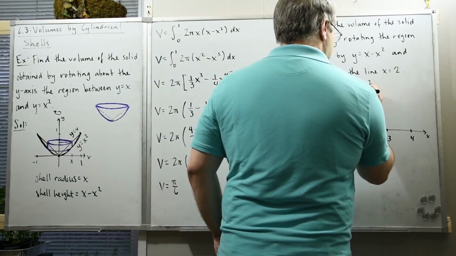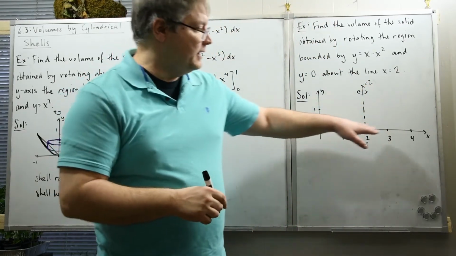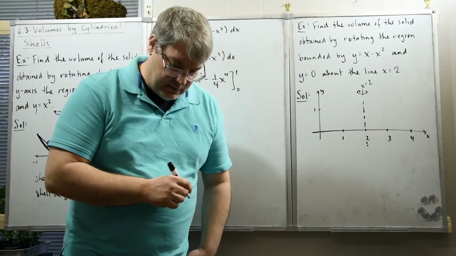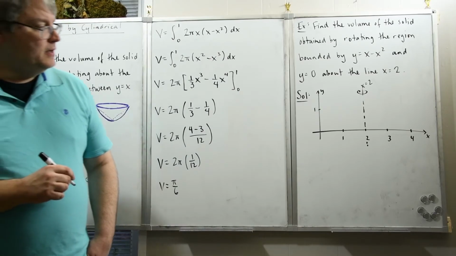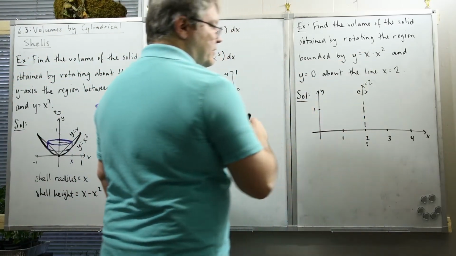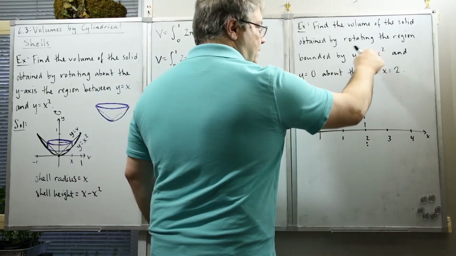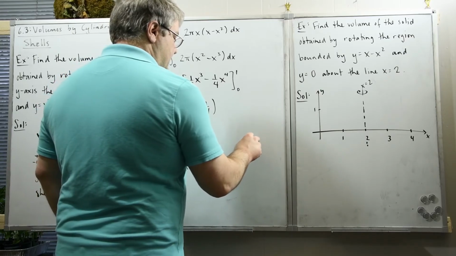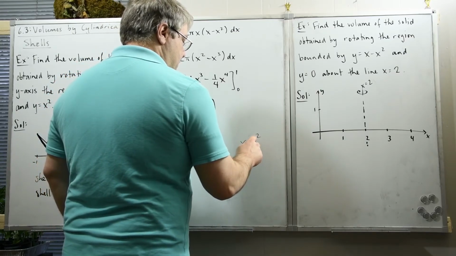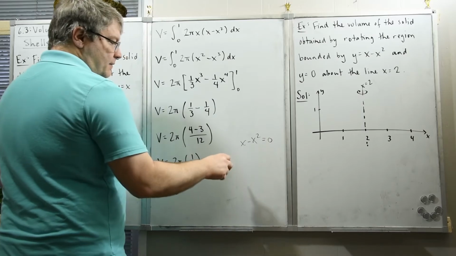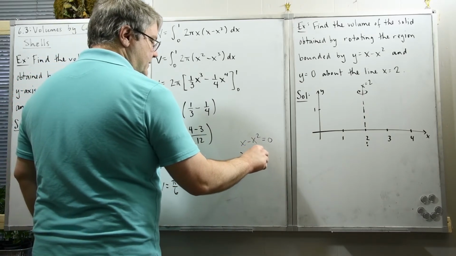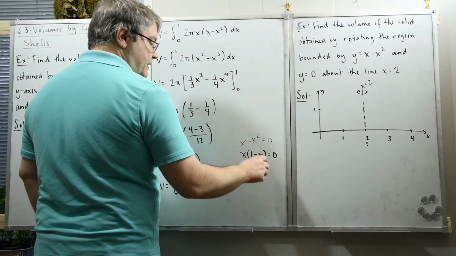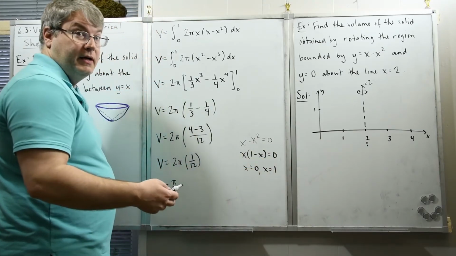And we also know that y equals 0 is our x-axis. And y equals x minus x squared, well, that's going to be a parabola. If you think about figuring out where the parabola crosses the x-axis, set y equal to 0 and solve for x. So you would get x minus x squared is equal to 0. Factor out an x, you get a 1 minus x as the other factor. So that means that parabola is going to cross the x-axis at x equals 0 and x equals 1.